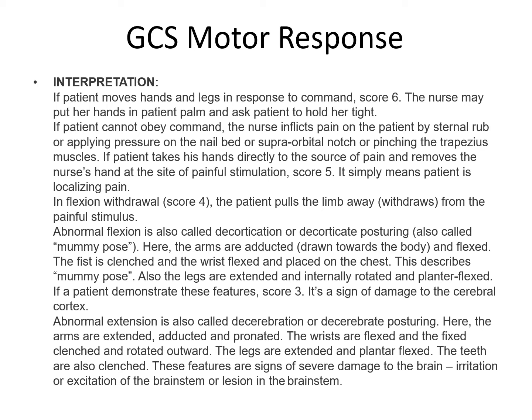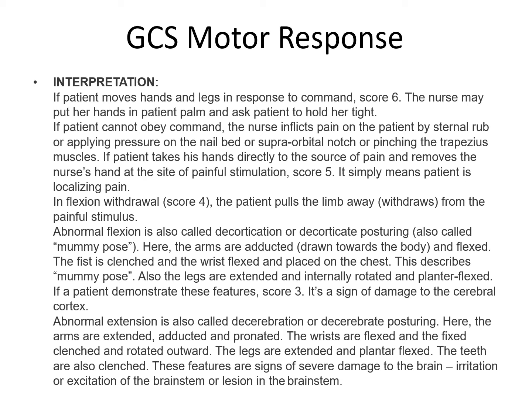If the patient cannot obey the command, then the nurse has to inflict pain on the patient by a sternal rub or applying pressure on the nail bed, as we said before. If the patient takes his hand directly to the source of the pain and removes the nurse's hand at the site of the painful stimulation, that is a score of 5. It means that the patient is localizing pain.